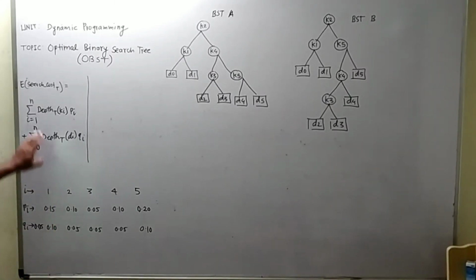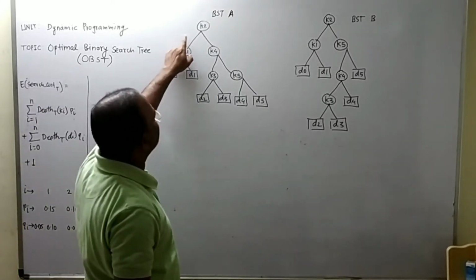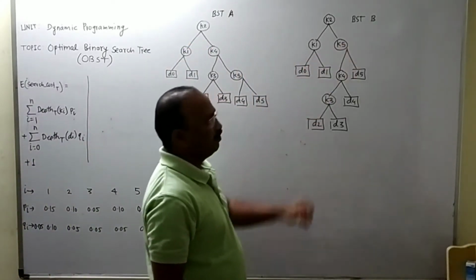Now using this formula we will try to get the expected searching cost of BST A, then BST B.